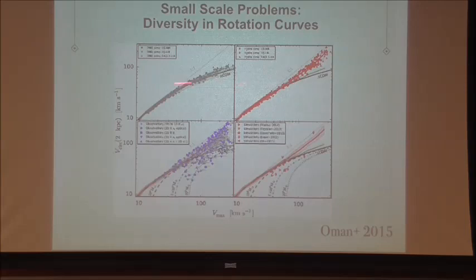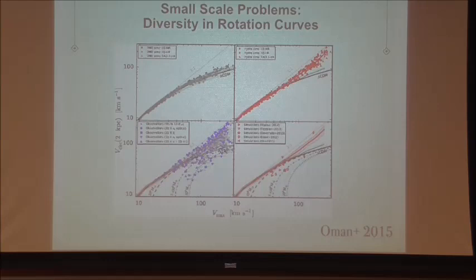This is the mass-halo concentration relationship. If we now go to hydrodynamic simulations, the upper right-hand panel, similarly we see a very tight correlation between the maximum circular velocity and the circular velocity at an inner radius.